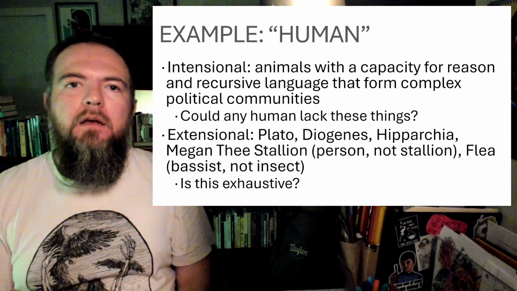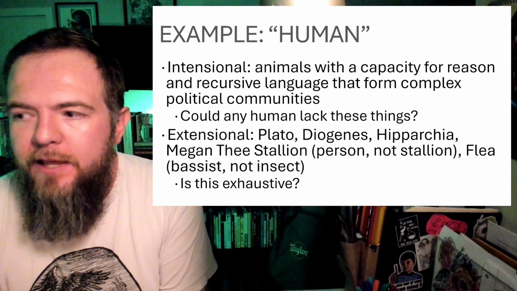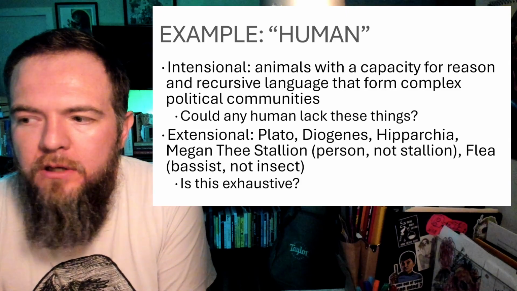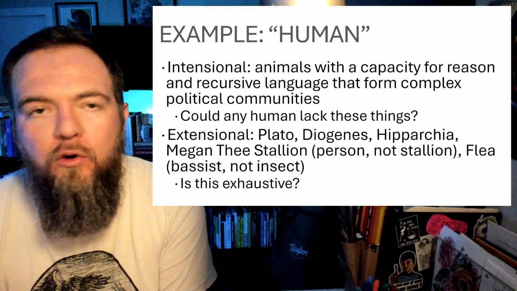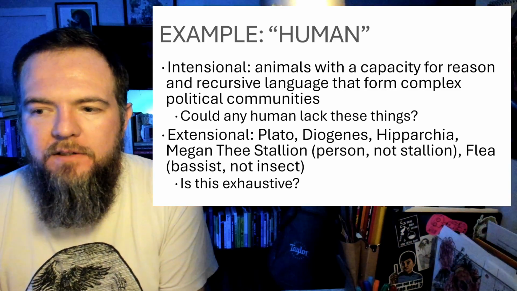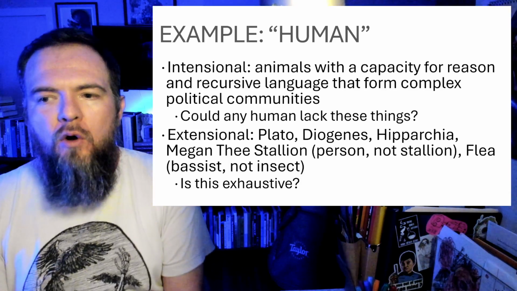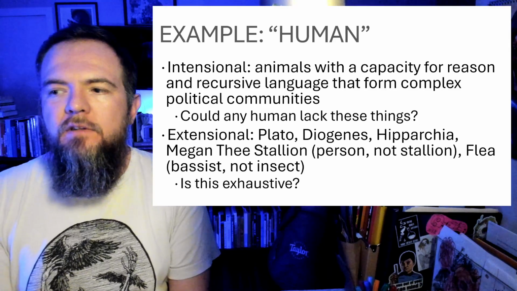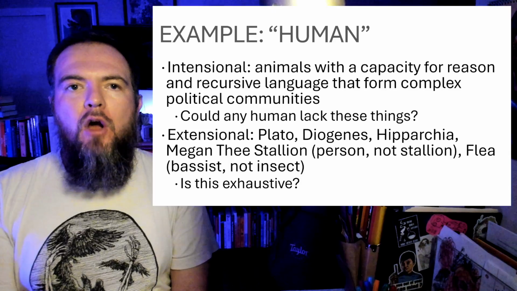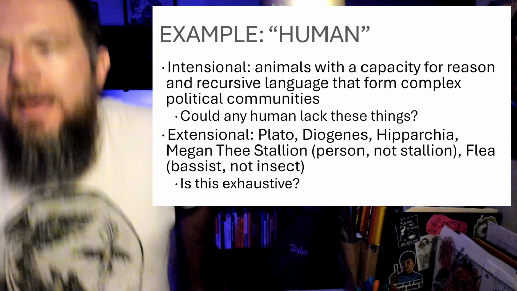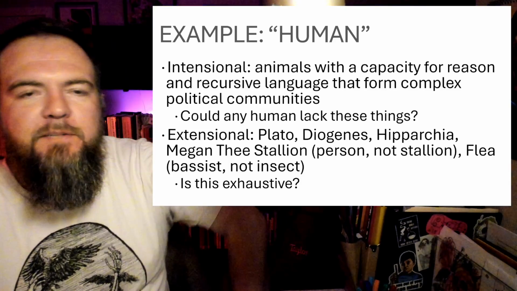So let's go back to our definition of human there, and our intentional definition of animals with a capacity for reason and recursive language that form complex political communities. Okay. Now, the question that we could ask with respect to this is, well, could any human lack these things? So, are there any humans that lack the capacity for reason or lack the capacity for recursive language? Are there any humans that don't have membership in some sort of complex political community?